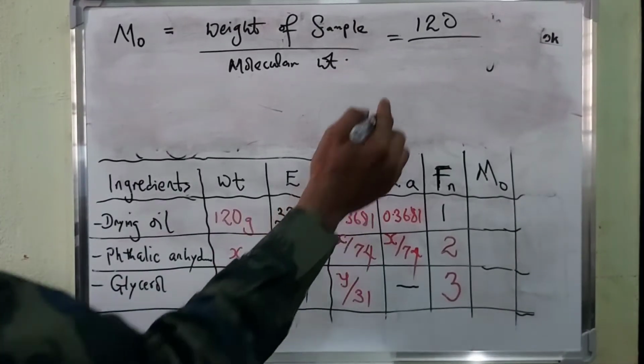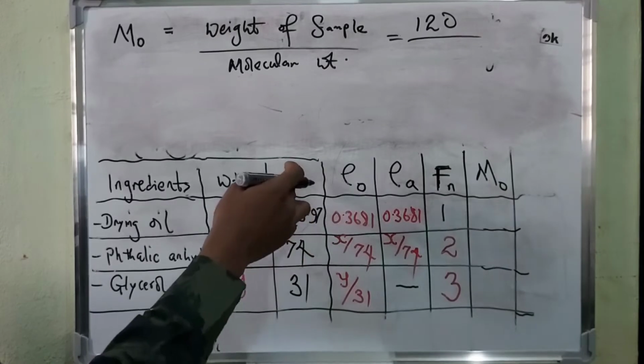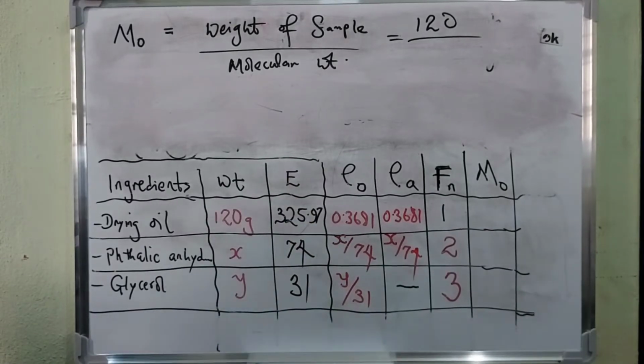The equivalent weight is actually the molecular weight of whichever ingredient.